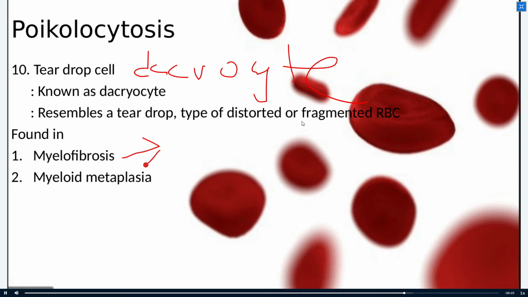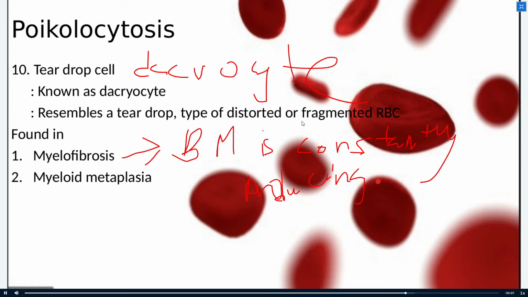In myelofibrosis, class, the bone marrow is constantly producing abnormal RBCs. And one of those abnormal cells, class, is your teardrop cell.